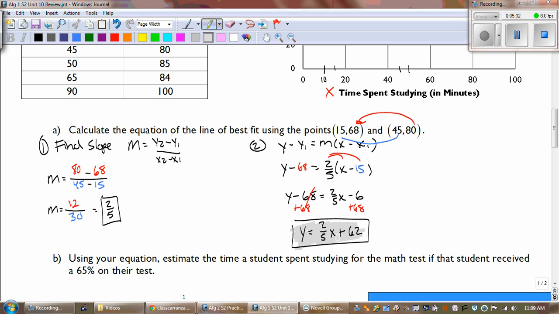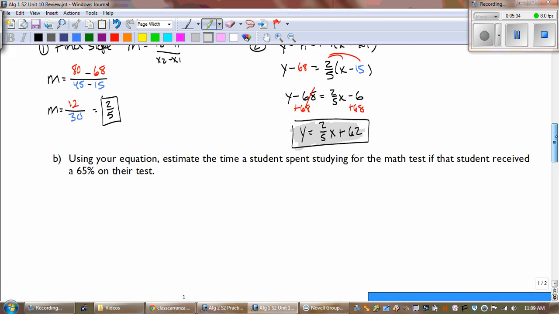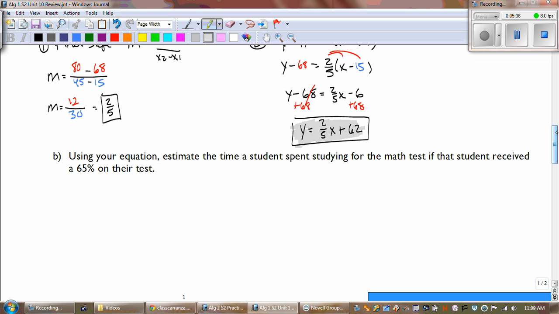All right, letter B. Using your equation, estimate the time a student spent studying for their math test if the student received a 65%. So, percent, was that the x or the y? Okay, that was the y value. So we're going to use that equation, but now we're going to plug in 65 for y.